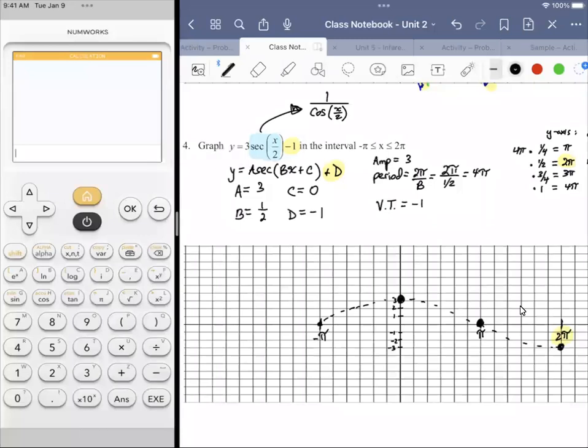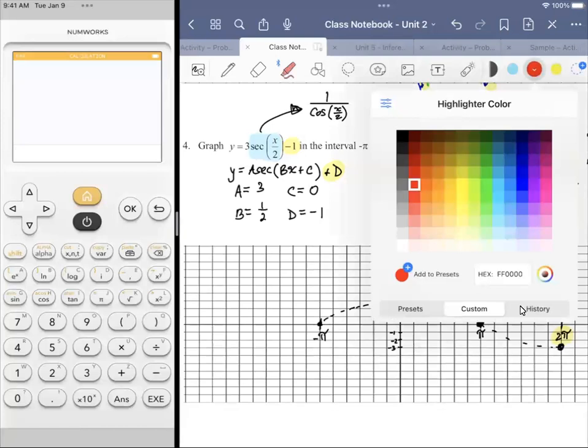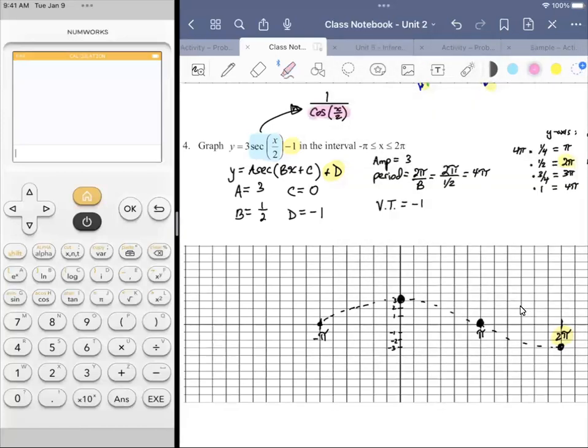Being undefined gives a vertical asymptote or a set of vertical asymptotes. So I want to know where this is equal to 0.